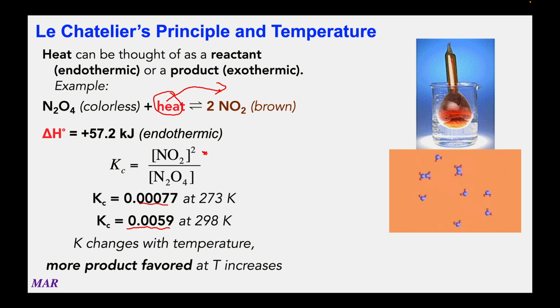Notice how the flask got a lot darker, a lot more brown as you took away the ice. So you're heating it up. The reaction's going to shift to the side opposite the heat. You're going to see more NO2, more brown, than you do the colorless N2O4. So the flask certainly gets more brown as you heat it up, all right? That's because the heat is being added. The reaction gets away from what you add. It's going to make more product, and product has NO2, the brown stuff.